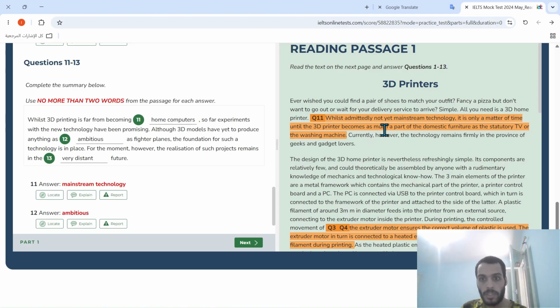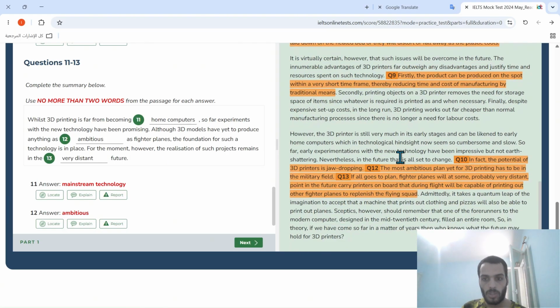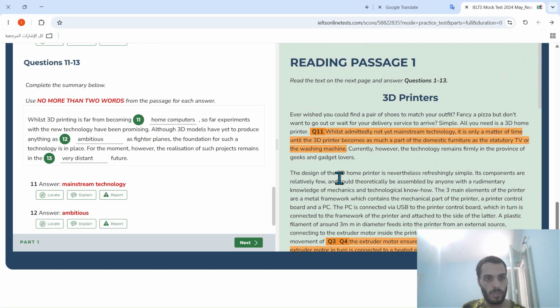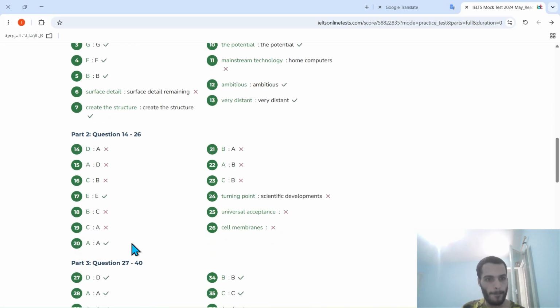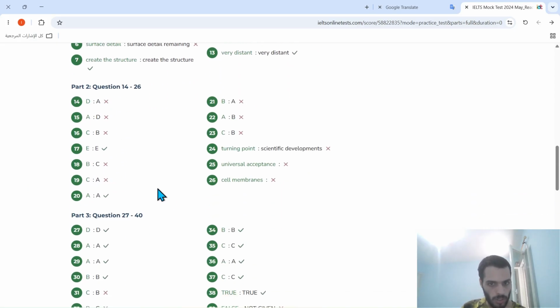Admittedly, it is not yet a mainstream technology. Okay, mainstream technology. So here, 12 and 13, but 11 was here. Acceptance.